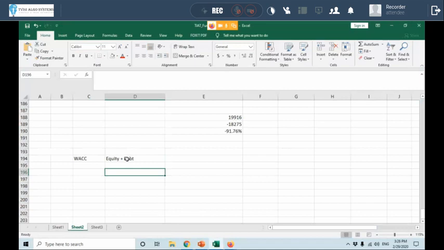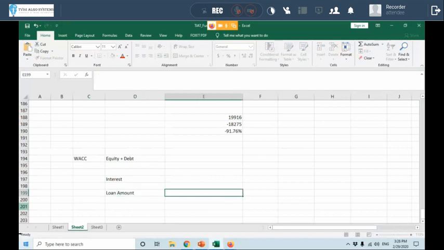In your company, you have two things, equity and debt, right? Debt we all know. What will be the cost of capital? You have to find out the cost of equity and the cost of debt.